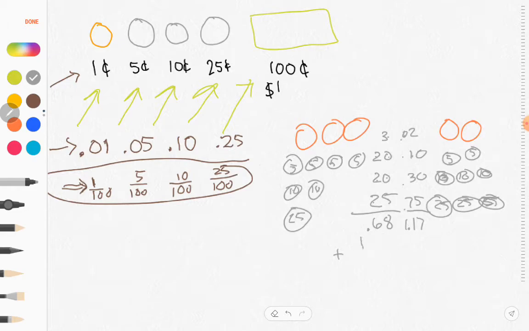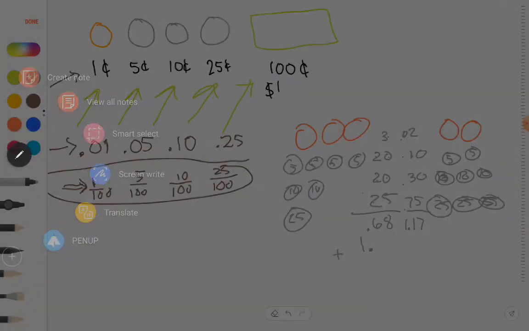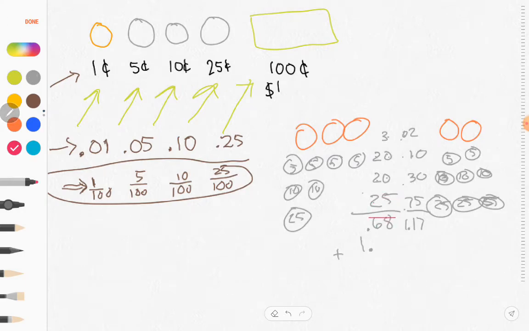So that means I'm going to make sure whenever we add our decimals, the number one most important thing when we add or subtract decimals is to make sure your decimal is lined up. So I want you to draw yourself an imaginary line here that goes vertical straight through that decimal. We don't want our decimals to go in the wrong place value.